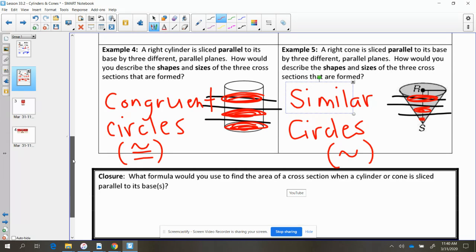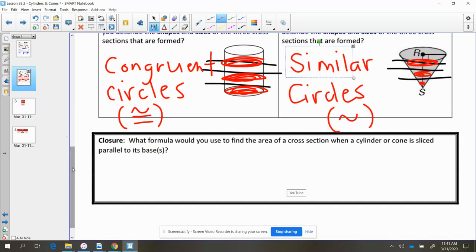Okay. Now, in closure, what formula would we use to find the area of a cross section of a cylinder or cone when it is sliced parallel? Well, first, take a moment to think about what shape I am creating if I slice it parallel to the base for either of those.